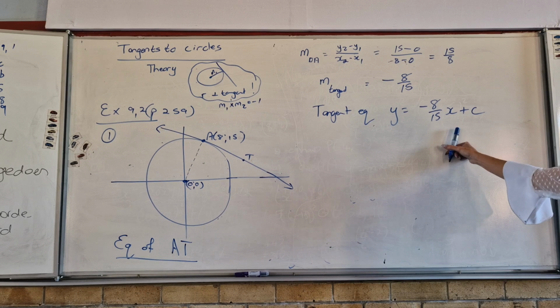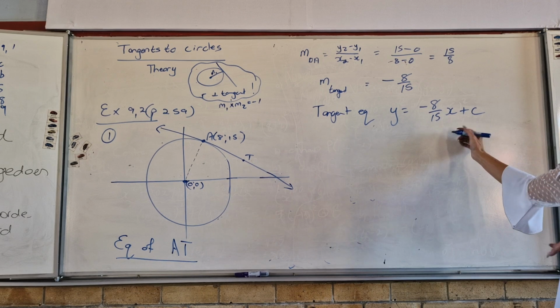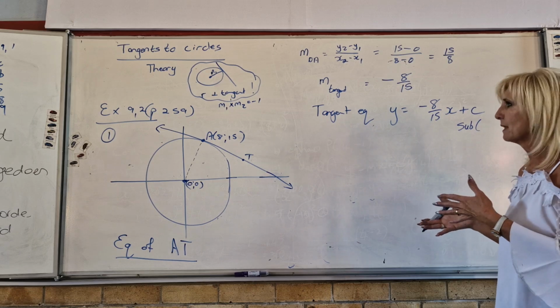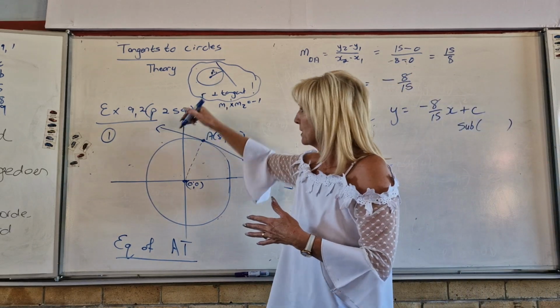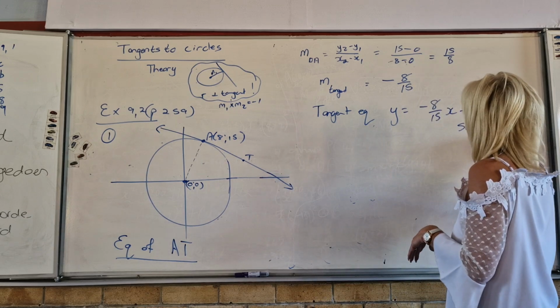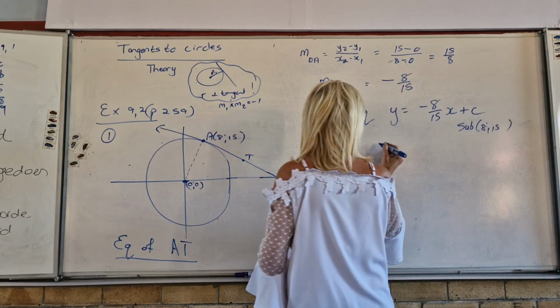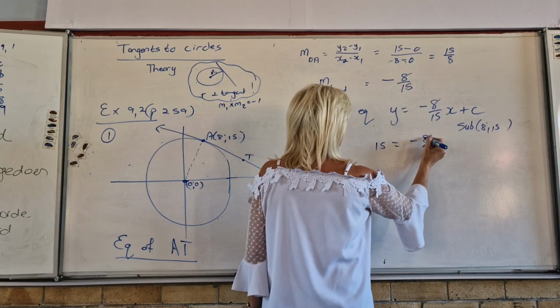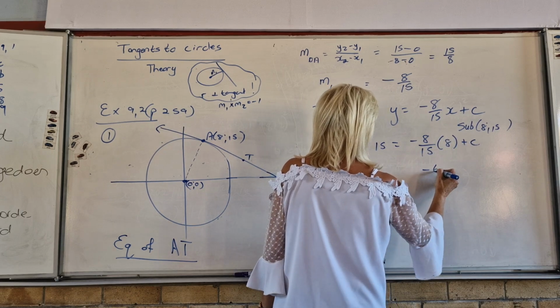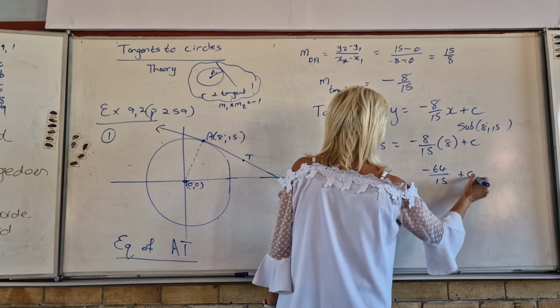One. How do we find the one variable? Substitution of what? A point on that thing. That thing is the tangent, and this is on that thing, so I can substitute 8 and 15. Right? So in the place of y, 15, and in the place of x, 8.